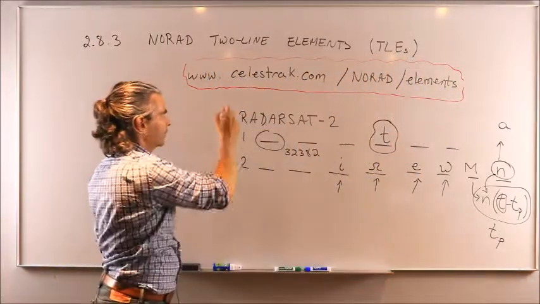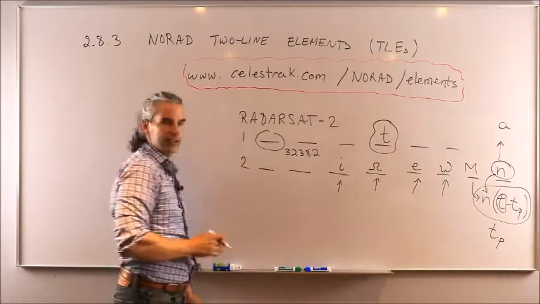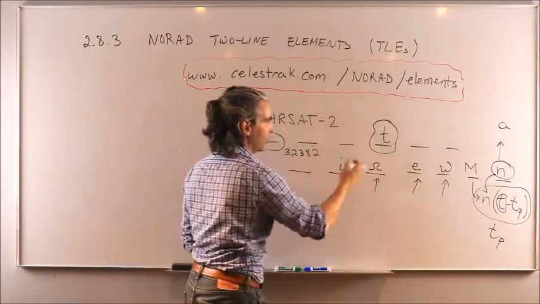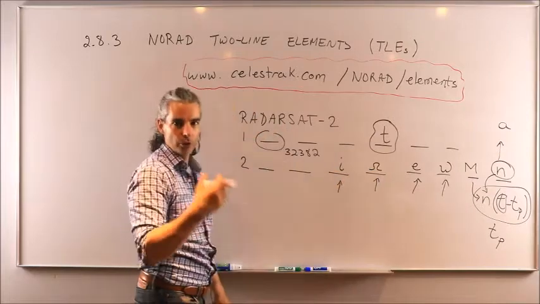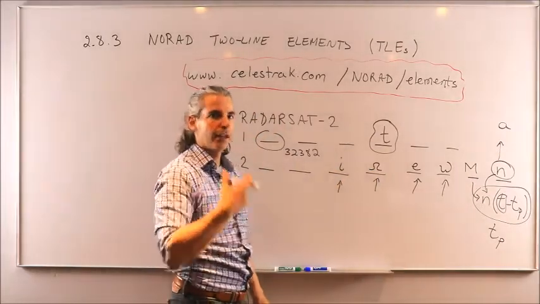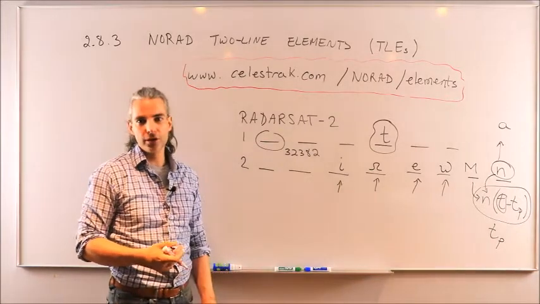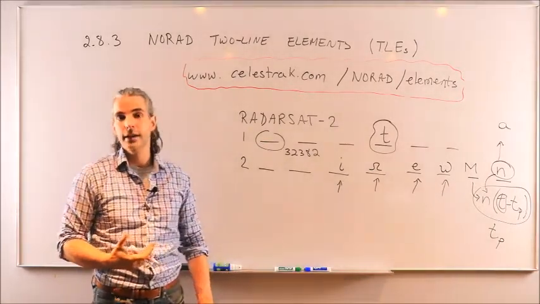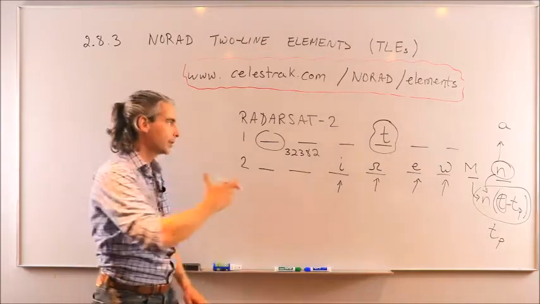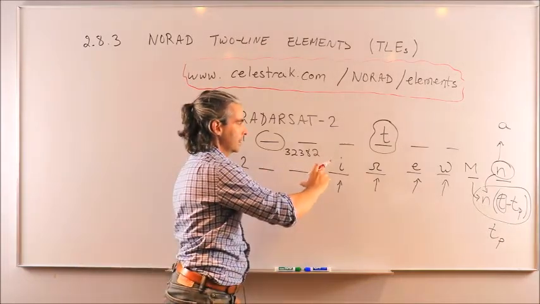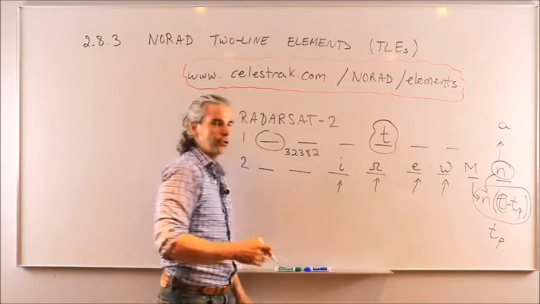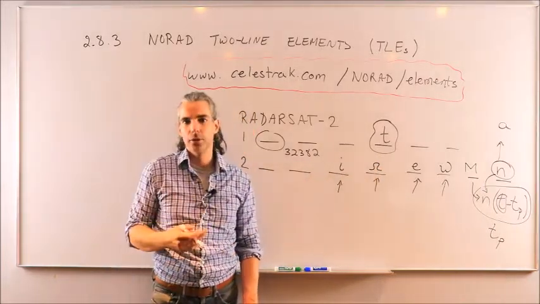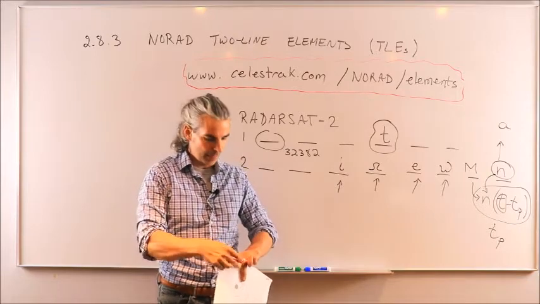So we have to navigate to this website, find the ISS entry, and decode all the numbers that are given to you and turn them into useful data, or in other words, into orbital elements that we can then use for practical purposes, which would be, for example, to simulate the ISS orbit in MATLAB Simulink. So again, we'd have to go through the process of turning orbital elements into R and V at any time, and then initializing the integrator blocks this way. Okay?